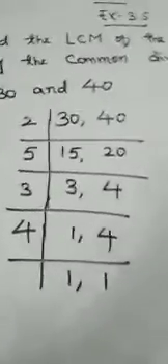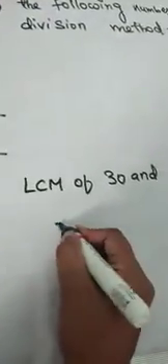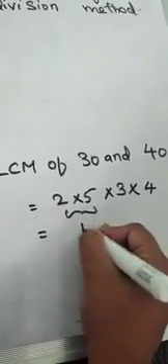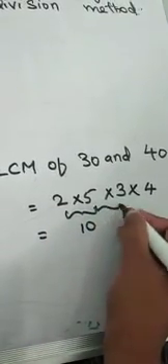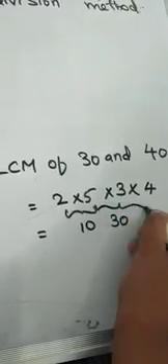Now what do we have to do next? We have to write the LCM of 30 and 40. So 2 into 5 into 3 into 4. 2 fives are 10, 10 threes are 30, 30 into 4. 4 into 0, 4 zeros are 0. 4 threes are 12.